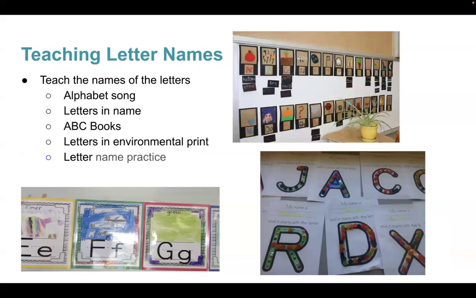So teaching letter names, everyone's familiar with the alphabet song, but that actually is not quite as meaningful as perhaps using the letters that are in a child's name. You can utilize ABC books, point out letters in their environmental print, and practice with letter names.